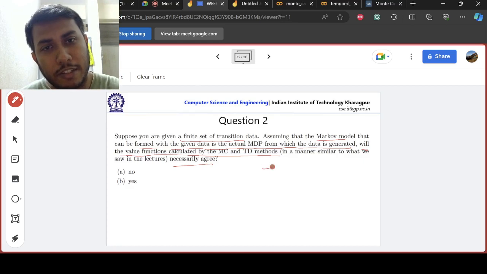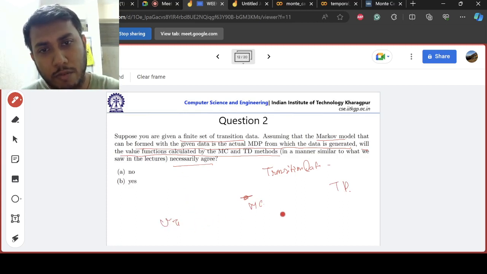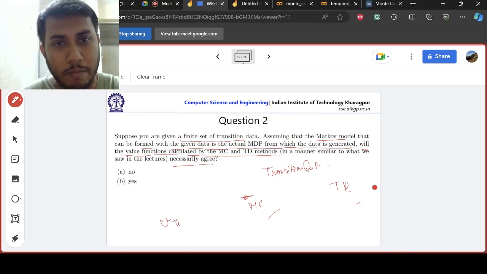So you have been given transition data, and now you are using MC and TD. Will the V pi calculated from MC and TD be the same?